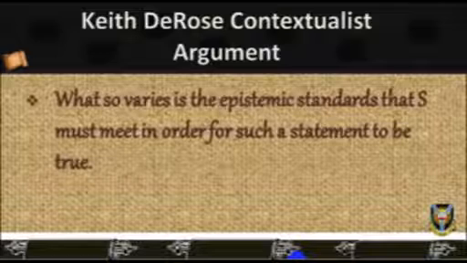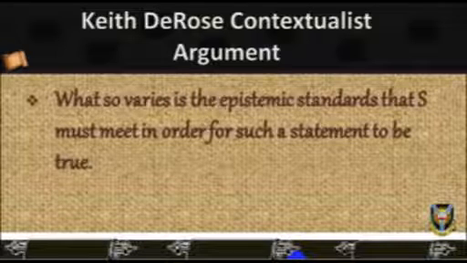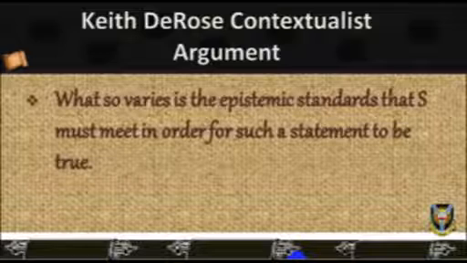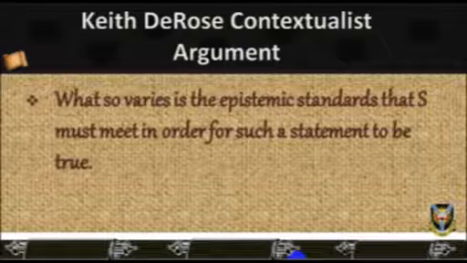In some contexts, S knows that P requires for its truth that S have a true belief that P and also be in a very strong epistemic position with respect to P, while in other contexts, the very same sentence may require for its truth, in addition to S having a true belief that P, only that S meets some lower epistemic standards.